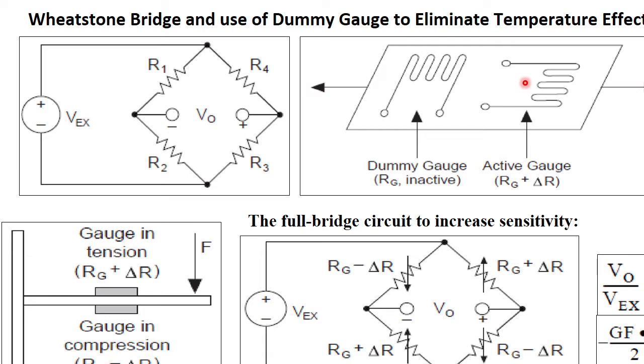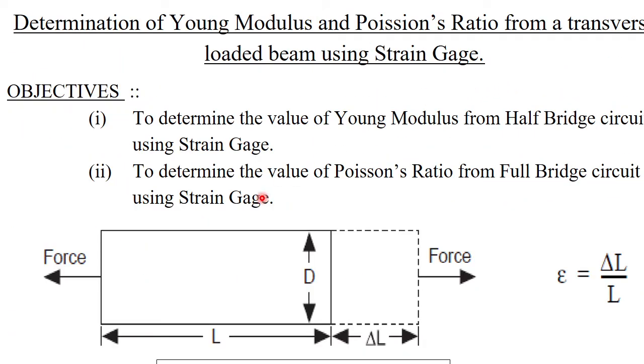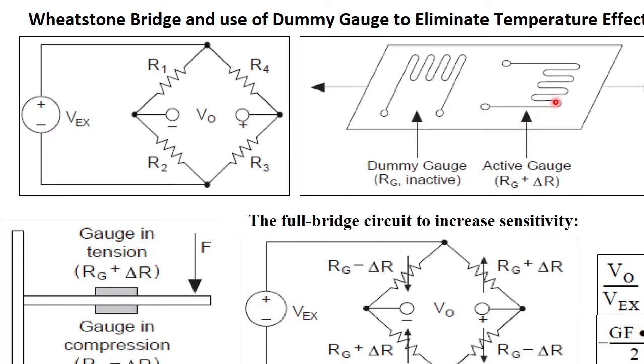So this is the principle from which we have measured the Poisson's ratio from the full bridge. And the first experiment gives us the half bridge circuit and gives us Young's modulus. That you understand, using these two, this one on top, another one on bottom.